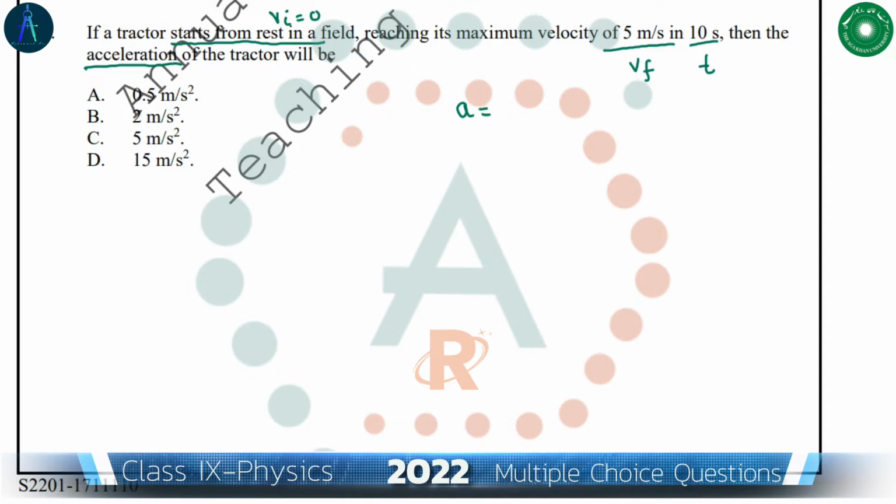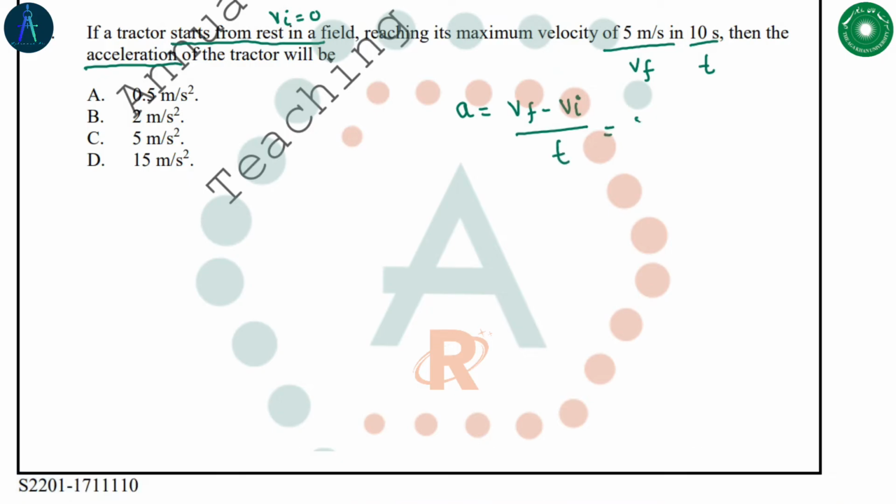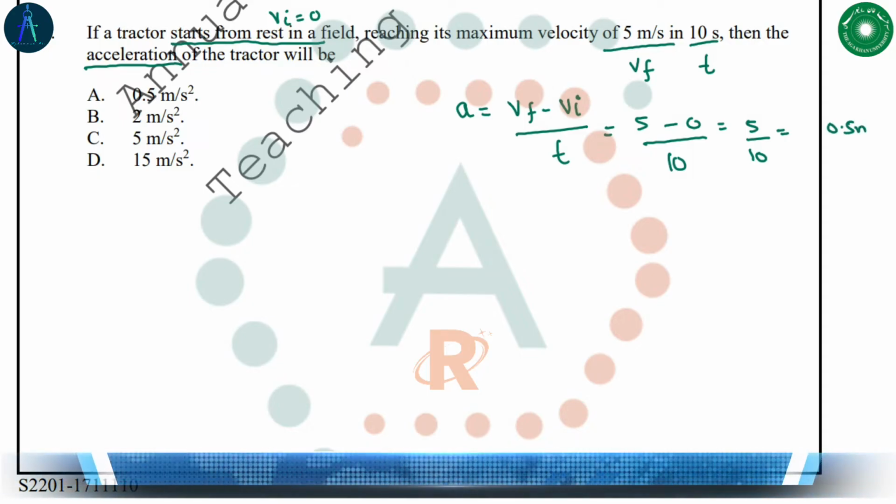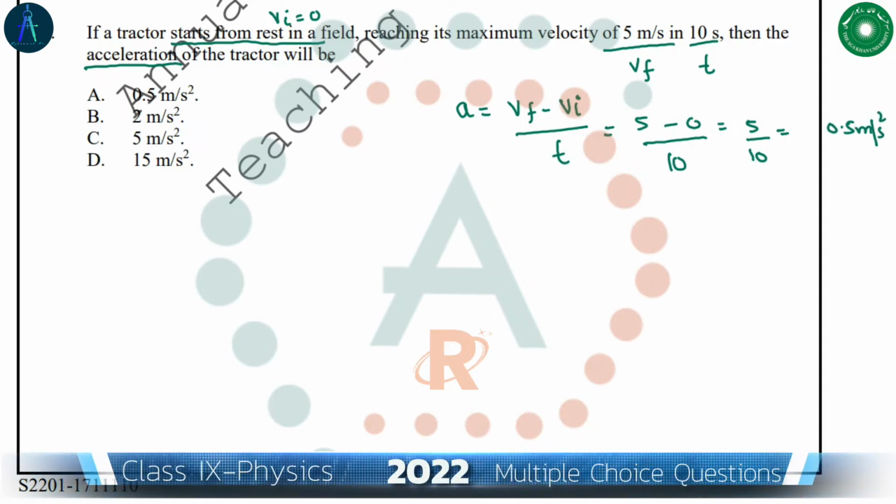The formula for acceleration is final velocity minus initial velocity divided by time. So 5 minus 0 divided by 10 equals 5 upon 10, which is 0.5 meters per second square. So the correct answer will be option A for question number 5.